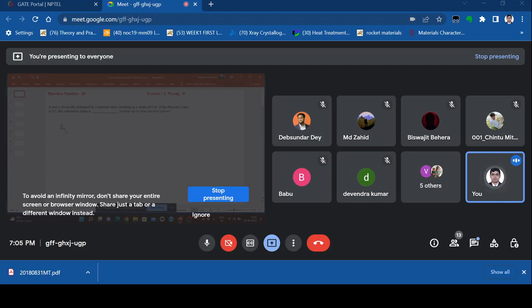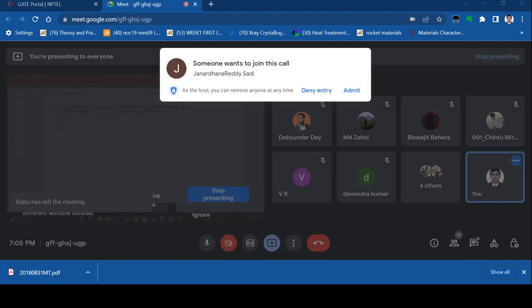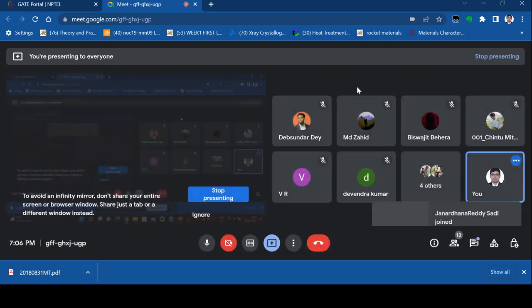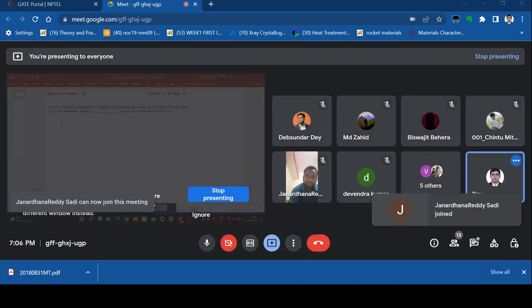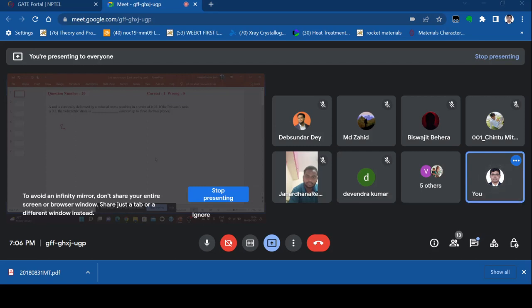So today we'll discuss some basic concepts of mechanical metallurgy and also we'll solve some questions. So first we will discuss elasticity.